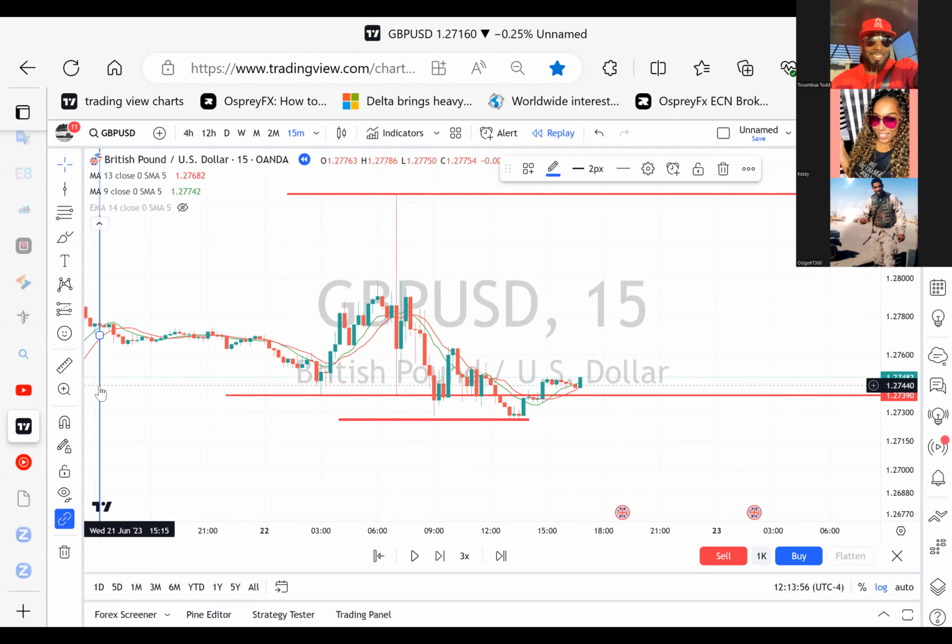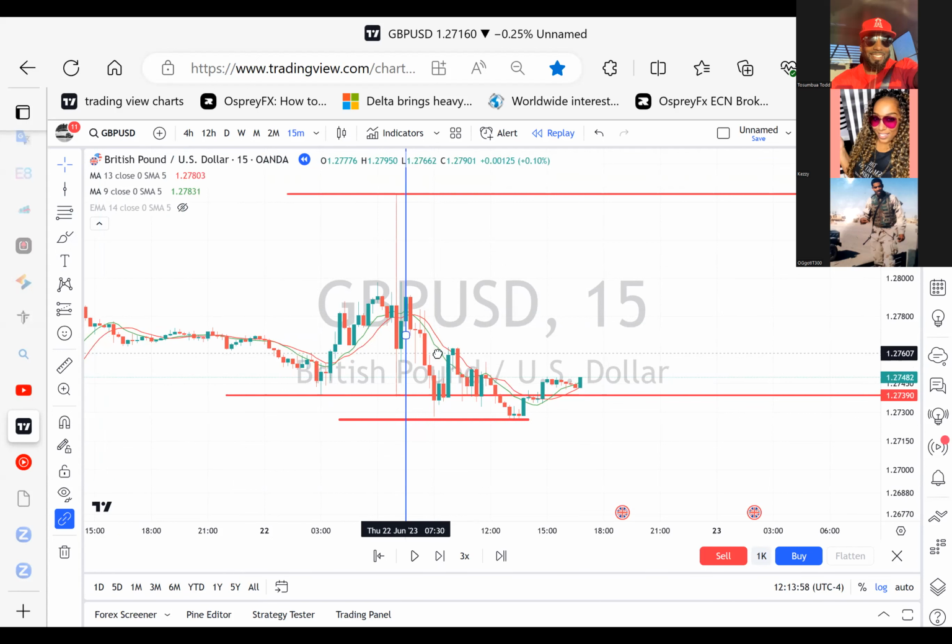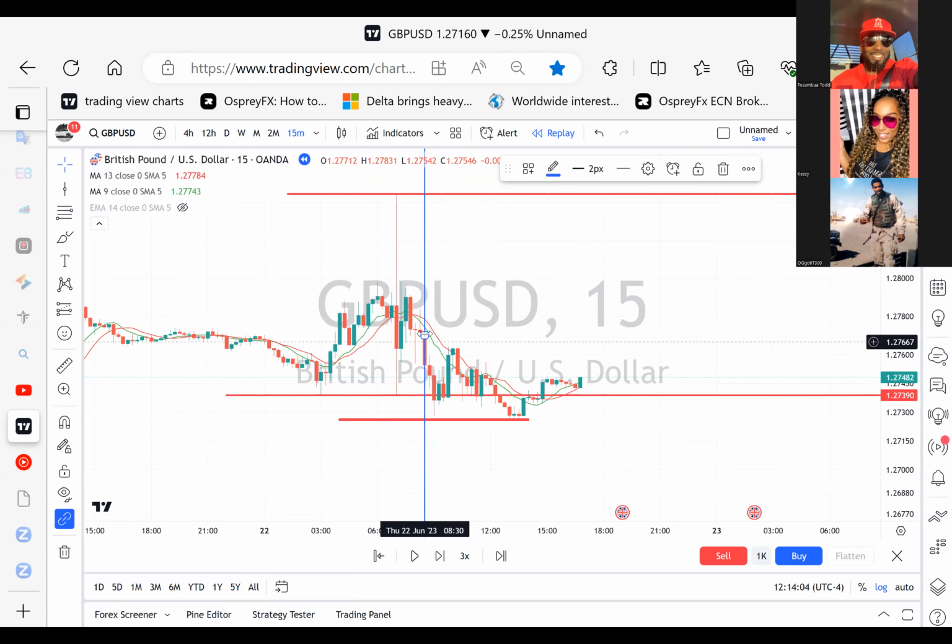So I'll just grab this line. 8:30. Look to the left of this 8:30 line and get your swing high and your swing low. Obviously, this was a news candle on some U.S. news, but this gave us something to look at.